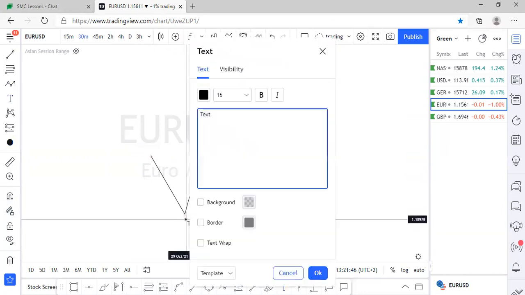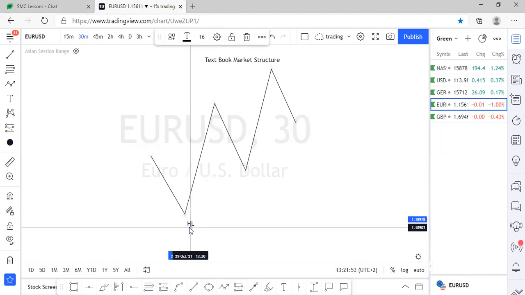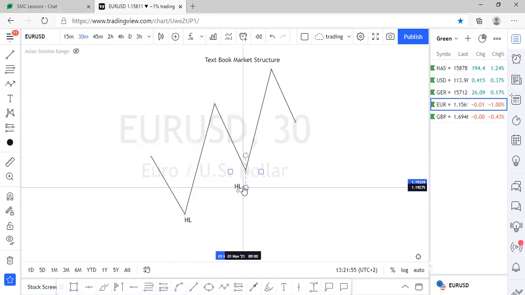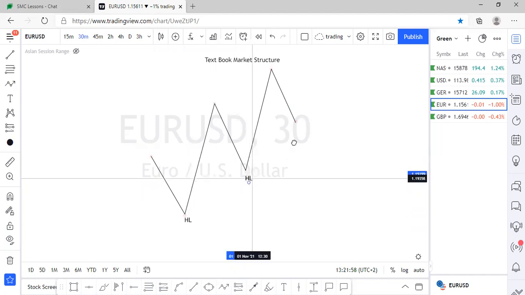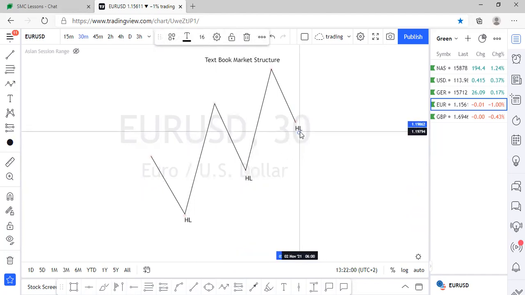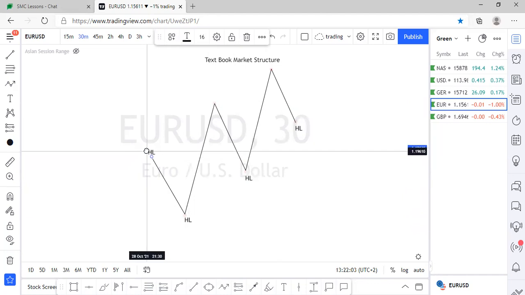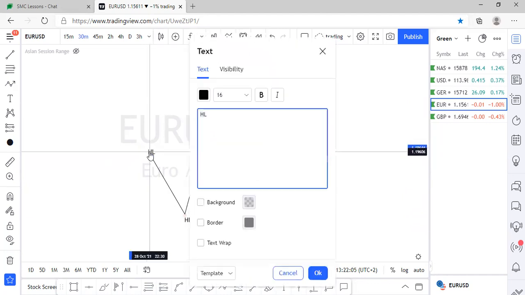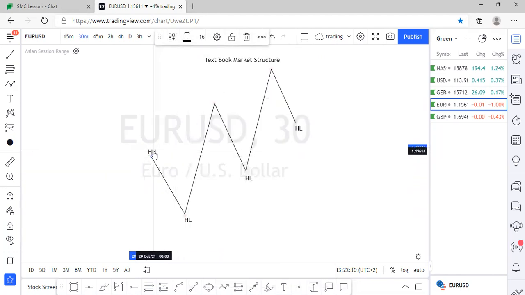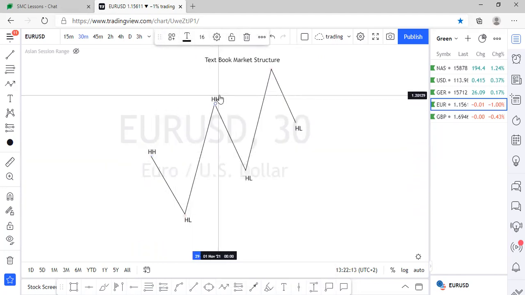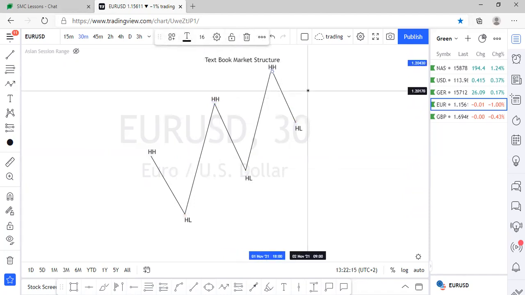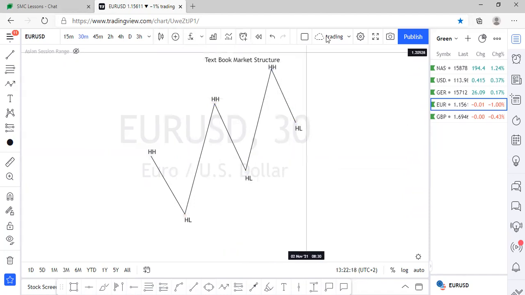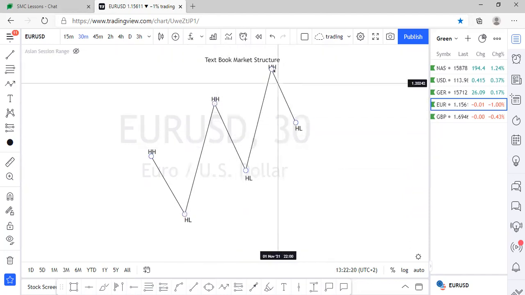Let me type it out for you guys. HL for higher low. HL. HL. And then again we have HH, higher high. Higher high. Higher high. Isn't it? So all these things are just in the textbook example.